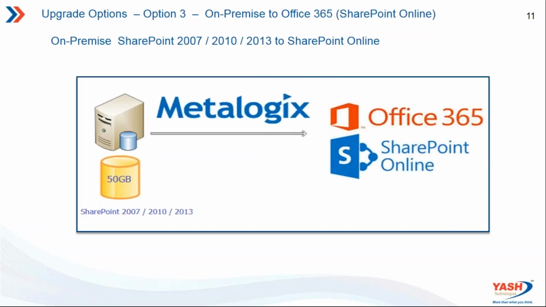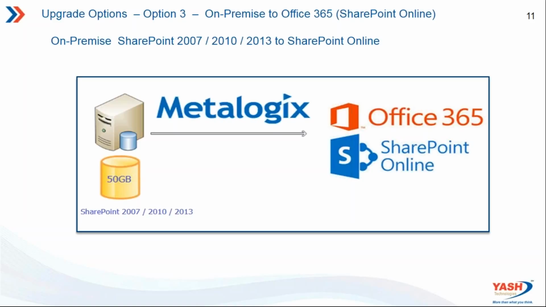And when it comes to the next option, it's on-premise to cloud. That is nothing but SharePoint Online. There is also a manual approach for migration from on-premise to cloud, but it's not at all recommended because it has to be done category by category, and it's very, very time-consuming, with lots of project time and burning of dollars involved here.